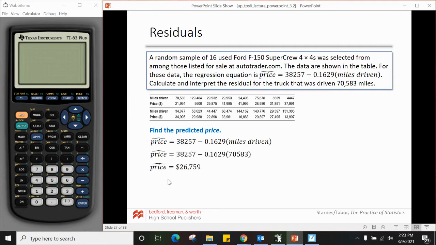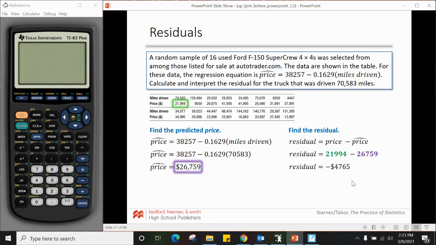Boom, I get my price to be 26,759. Now my actual is 21,994. So when I do my residual, I do price minus the predicted price: 21,994 minus 26,759. And I get a residual of negative 4,765.